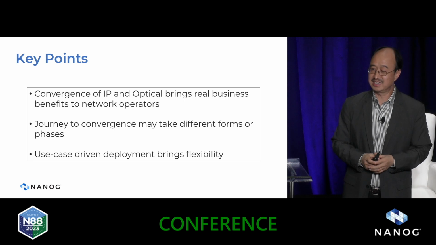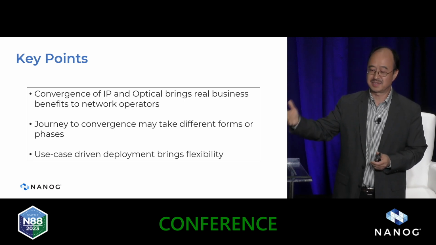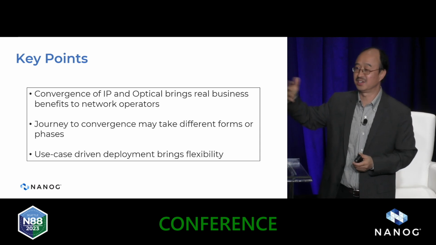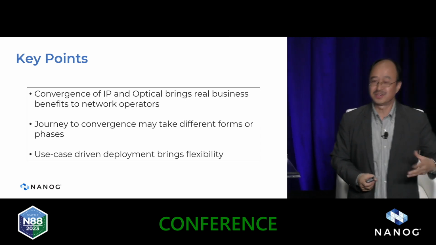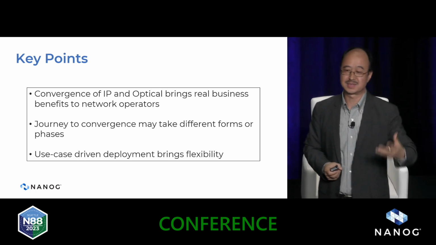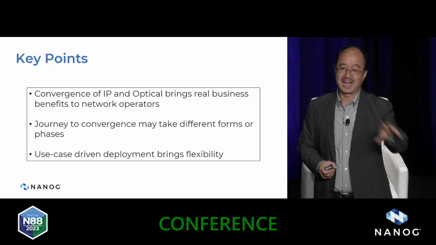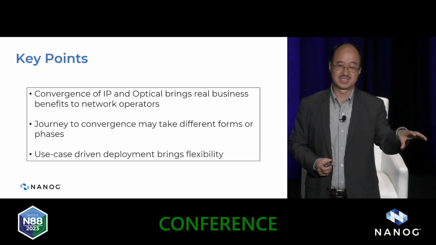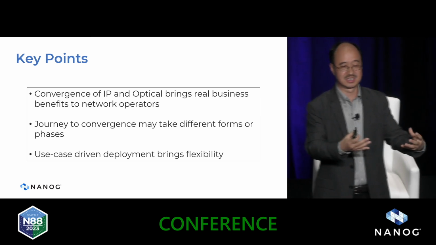The journey may take different forms, may take different steps, may take some time. Sometimes it may take a long time. And you want to be flexible: you can construct a use case-based journey so that you can align those use cases with your business objectives so that you are relevant to the business you belong to.